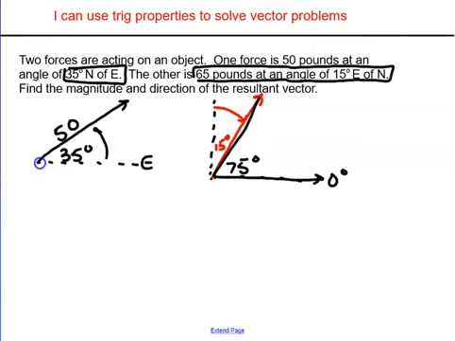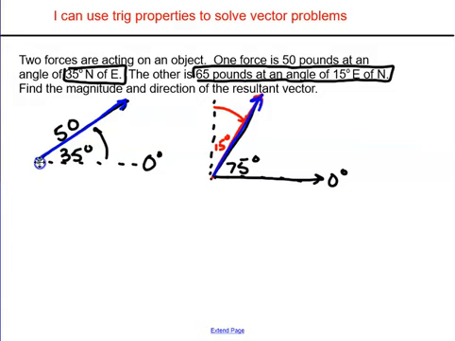Because if we think of the unit circle, we want to think of it relative to 0 degrees. So we really have a 35-degree angle and a 75-degree angle, two vectors at those angles. So this one is at 35. This one is really at 75 because it was 15 degrees east of north.